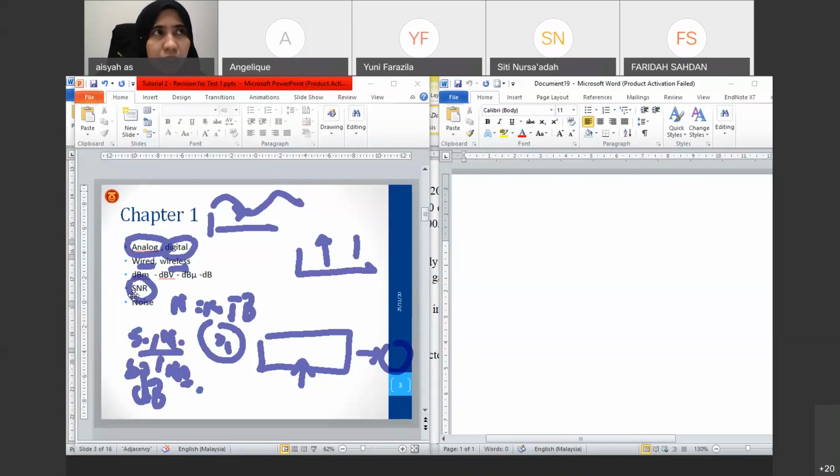SNR is signal to noise ratio. This one is the basic formula for the SNR. But if we have a cascade amplifier, we can use the Friis formula.